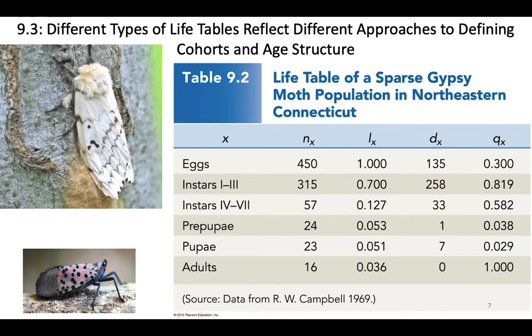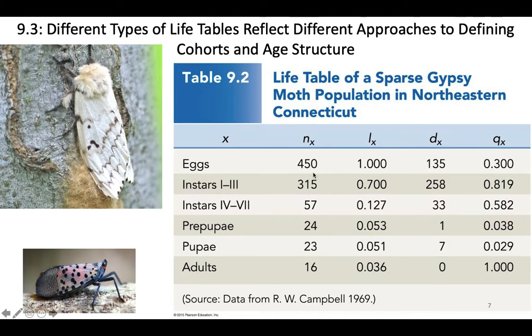So for these, you get values of survivorship from one stage to the next by observing a natural population several times over its season and estimating the size of the population at each time interval. For a lot of insects, you can obtain these NX values by estimating the number surviving from egg to adult.